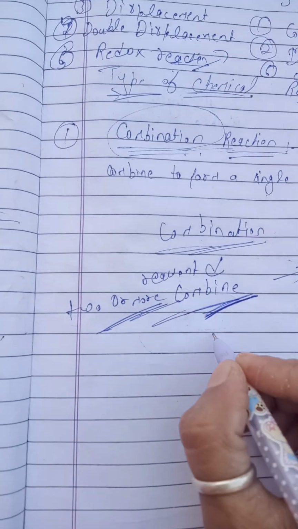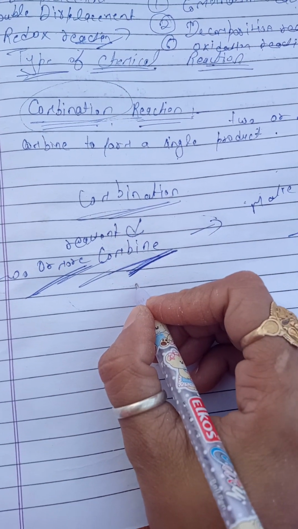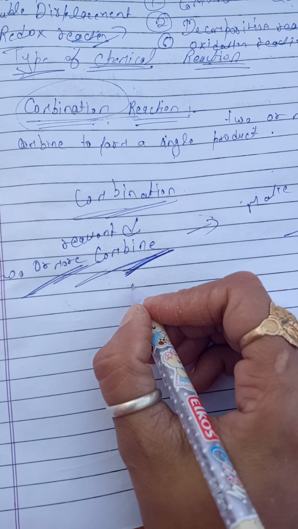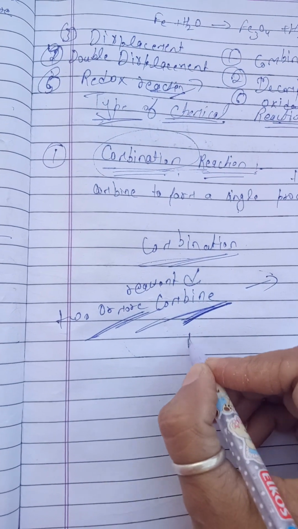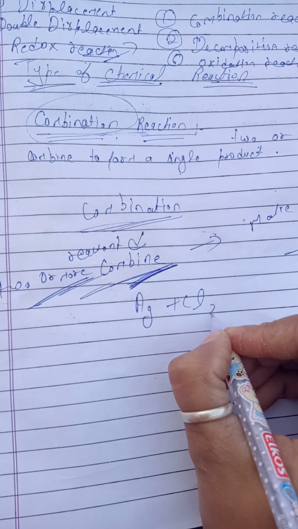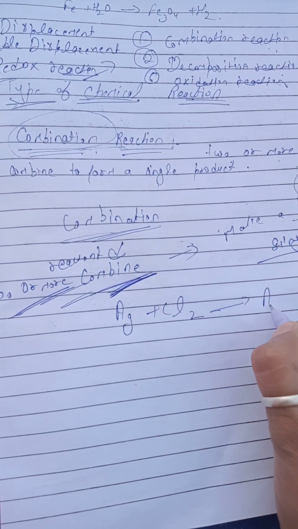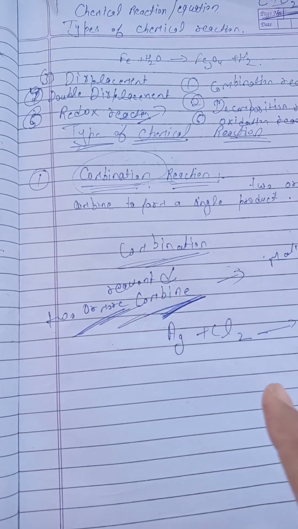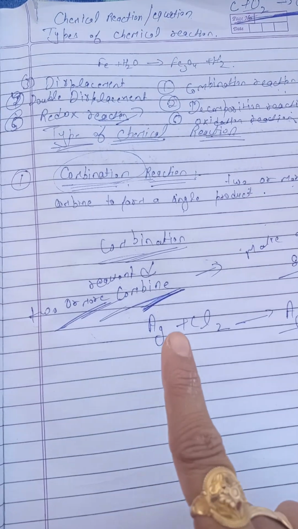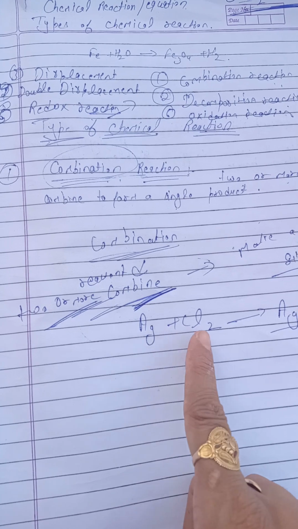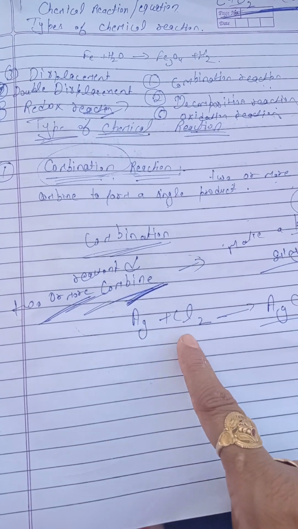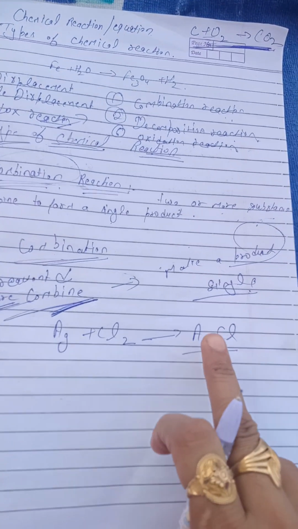For example, Ag plus Cl2. This is silver and this is chlorine, and this is silver chloride. It means when silver is combined with chlorine, it gives silver chloride.